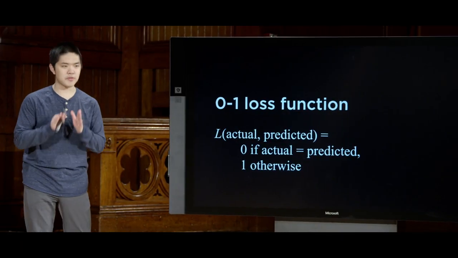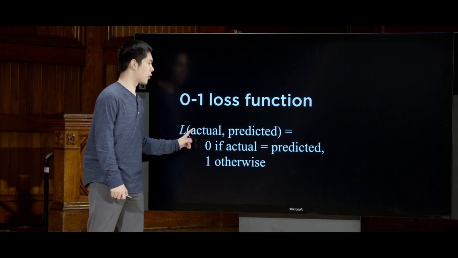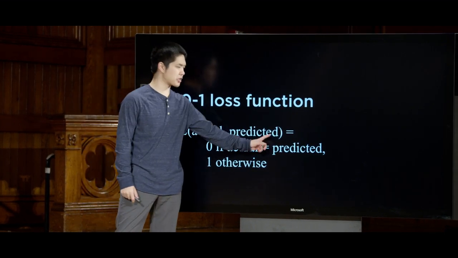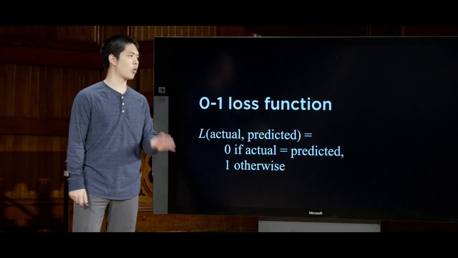When it comes to discrete categories, things like rain or not rain, counterfeit or not counterfeit, one approach is the 0, 1 loss function. And the way that works is for each of the data points, our loss function takes as input what the actual output is, like whether it was actually raining or not raining, and takes our prediction into account. Did we predict, given this data point, that it was raining or not raining?